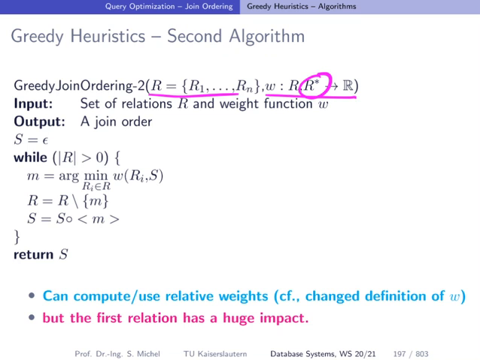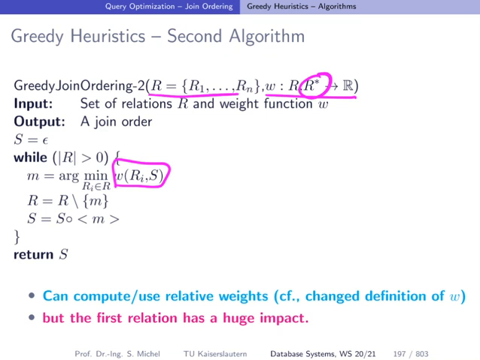The algorithm looks very much the same. So we again have this argmin function which iterates over all the relations that are remaining in our set R, and then picks the one where this weight function is smallest.